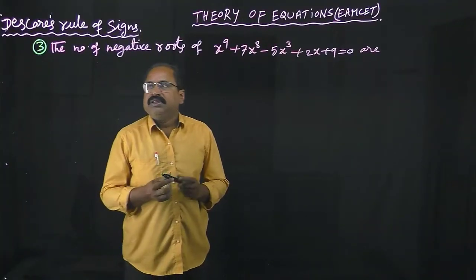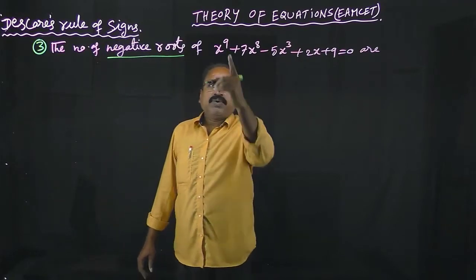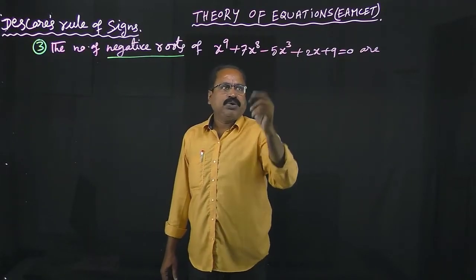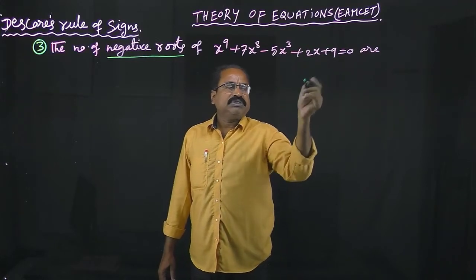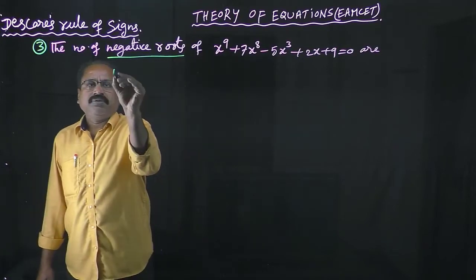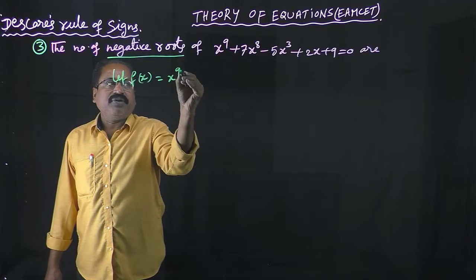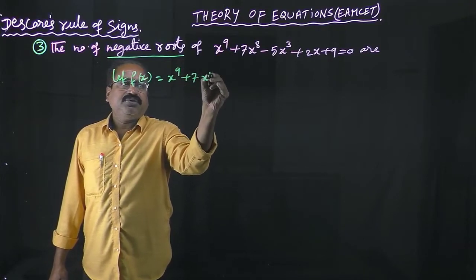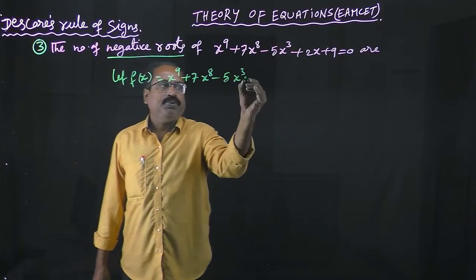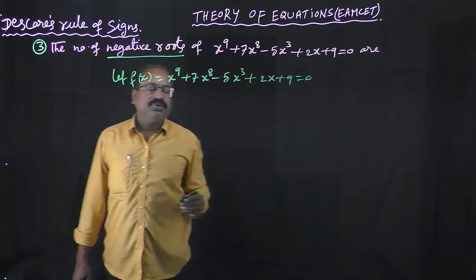Third one is, the number of negative roots of x^9 + 7x^8 - 5x^3 + 2x + 9 = 0. Let f(x) = x^9 + 7x^8 - 5x^3 + 2x + 9 = 0.